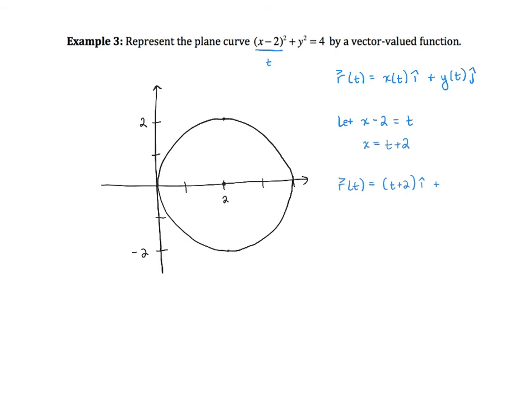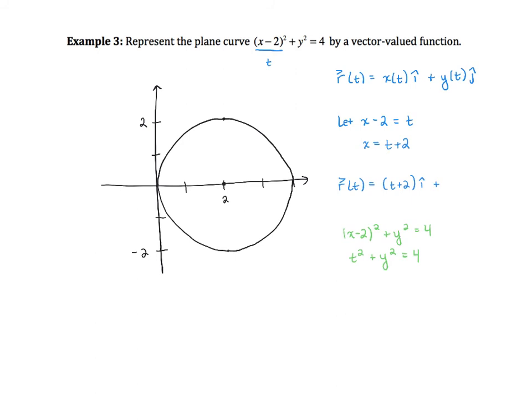If we look at the function that we have, we had x minus 2 squared plus y squared equals 4. Well, guess what? I called x minus 2 t, so really I have t squared plus y squared equals 4. So now figuring out the appropriate choice for y is just a matter of solving for y so that we get y as a function of t.